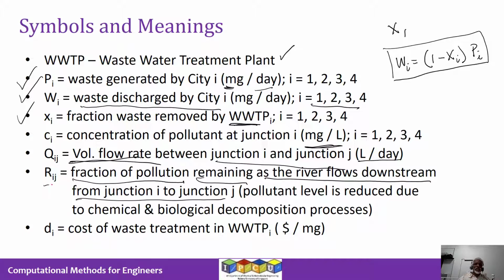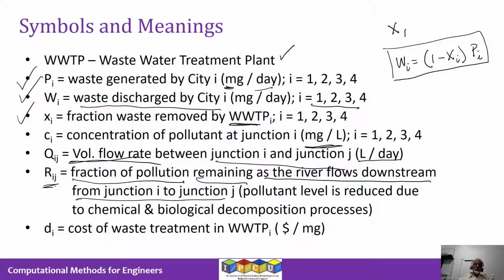So this Rij is a dimensionless variable that denotes the fraction of the pollutant remaining as the water flows downstream from junction I to junction J. So if Rij is equal to 1, the biological action or the chemical action has not happened and there is no reduction in the amount of pollution. If Rij is equal to 0, that means the biological decomposition processes have been great so that nothing remains.